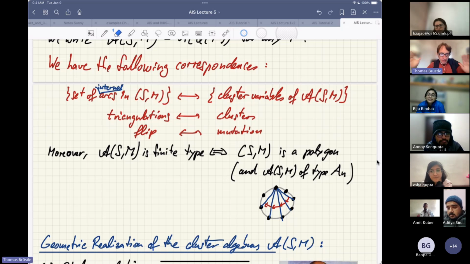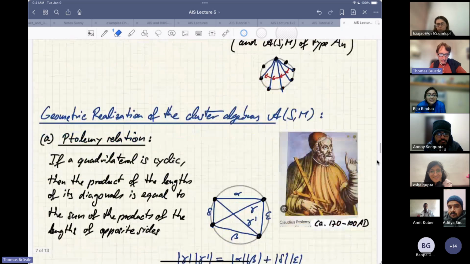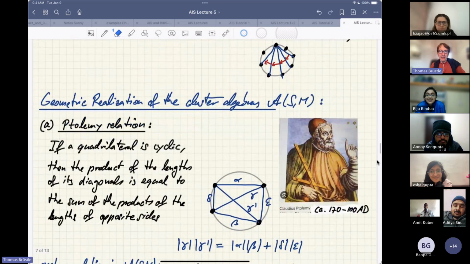So let's go far back in history to the wise mathematician Ptolemy, who was living from 170 to 100 AD. And he told us in his original language, no, I don't speak Greek, but I translate to English.